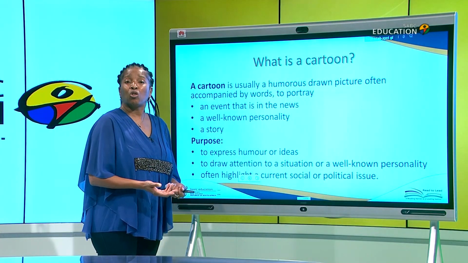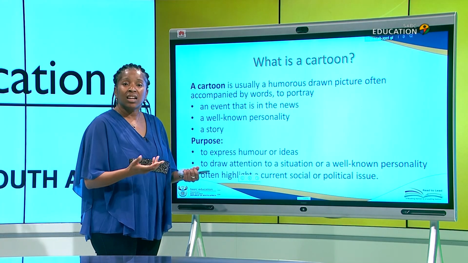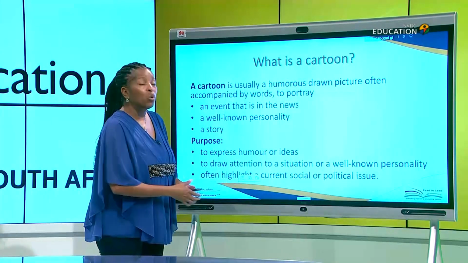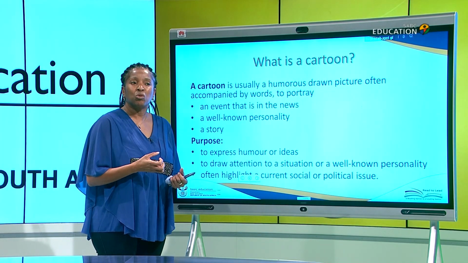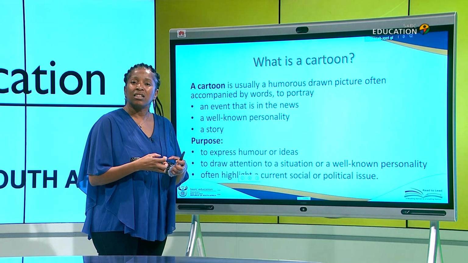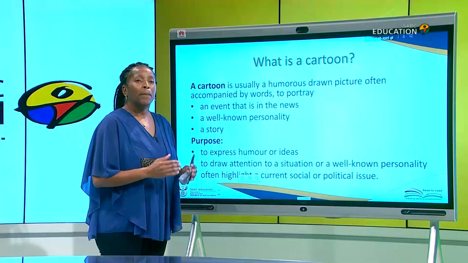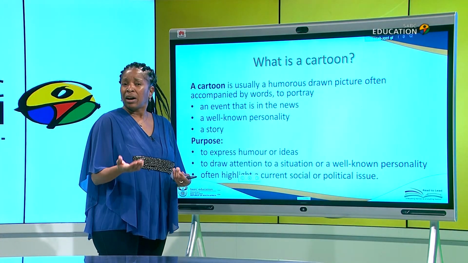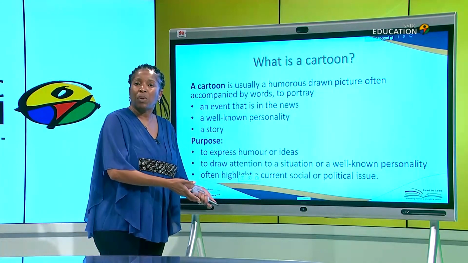We also draw cartoons to highlight current social or political issues. You will know when it comes to cartoons, especially in history, that they are connected to analyzing cartoons also in language, because you see the social issue that is discussed. At the moment, we are always talking about going back to school.